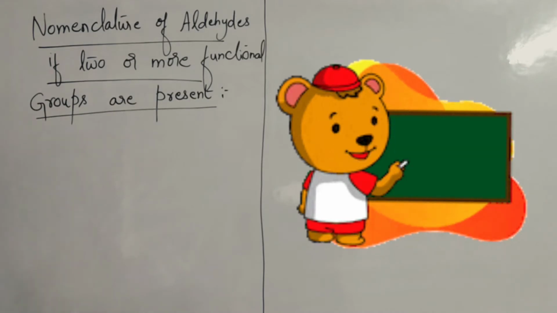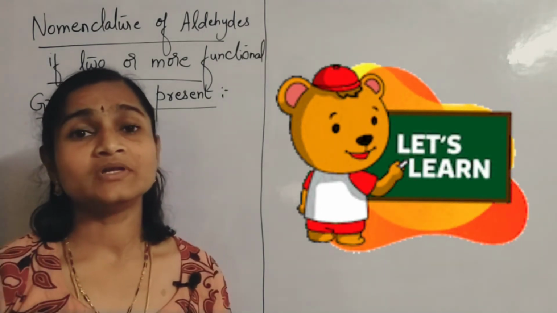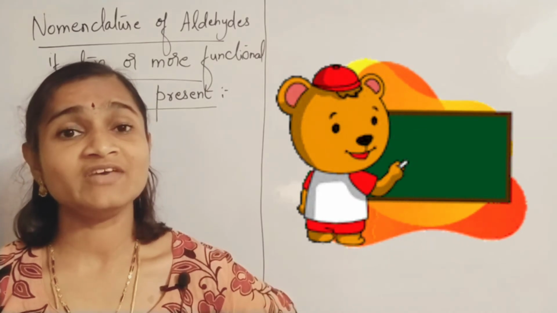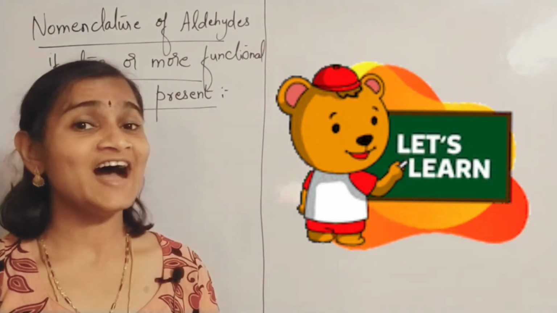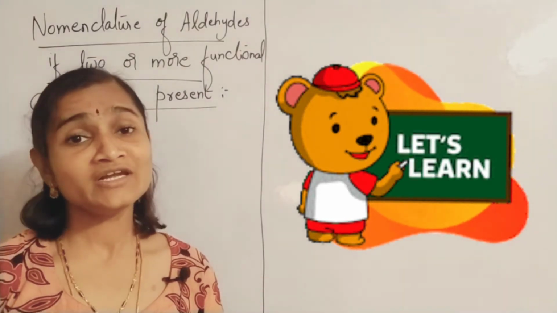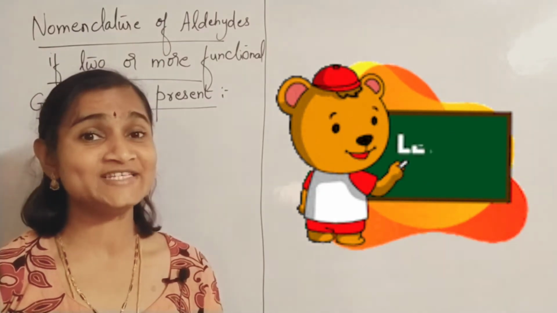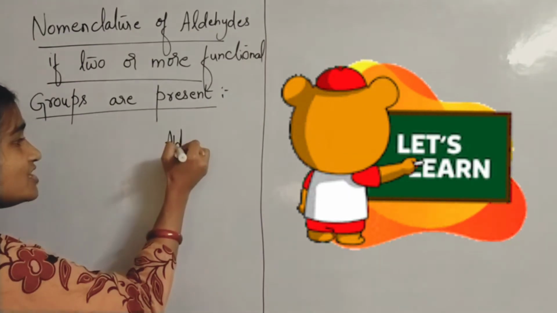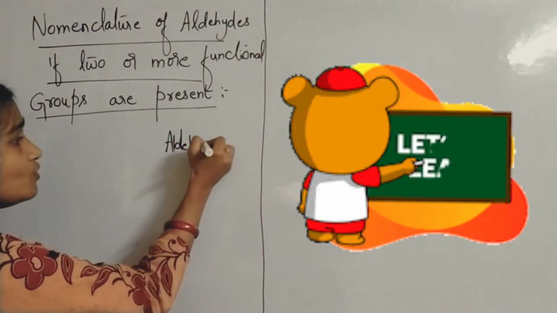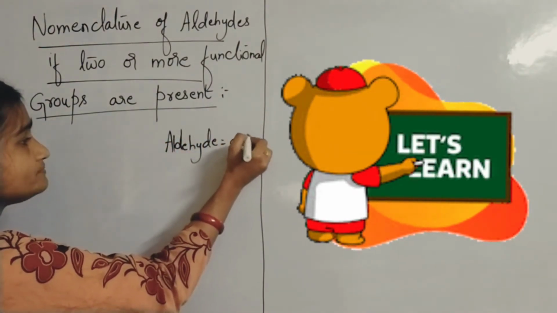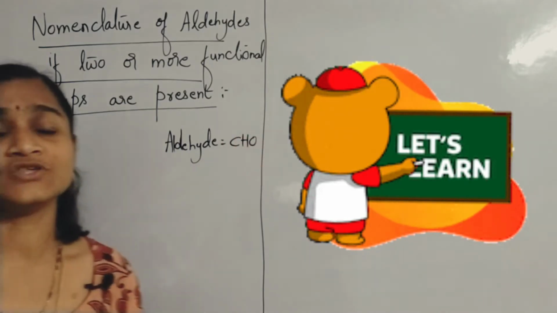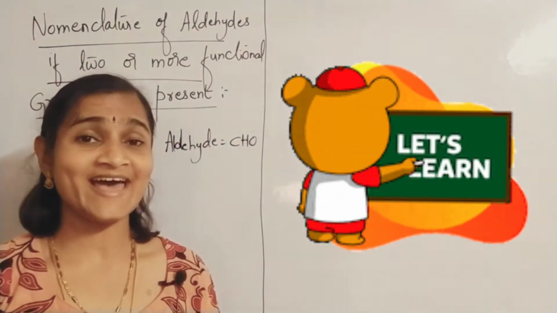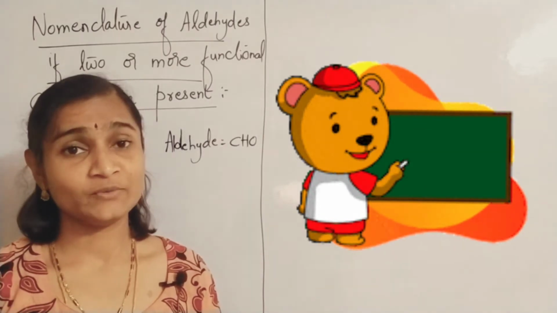First, let us learn about the cases in which functional groups have more priority than the aldehyde functional group. You all know that the functional group of aldehyde is CHO.